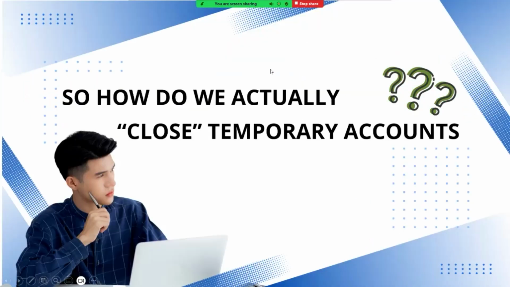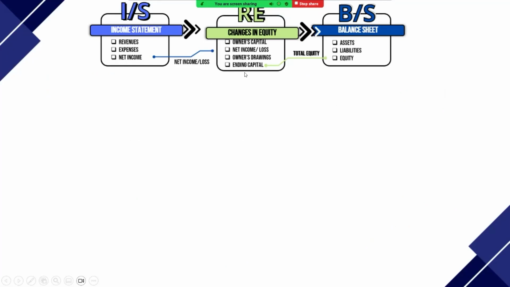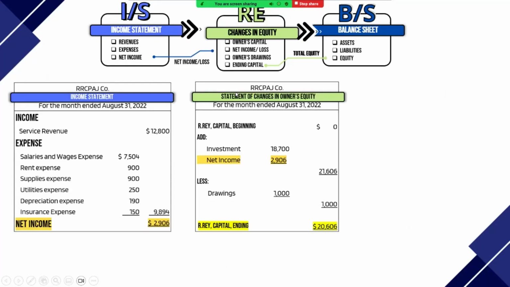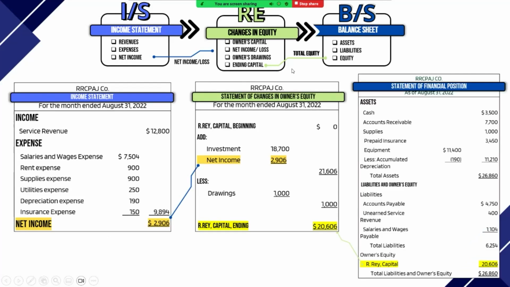So how do we close temporary accounts? This is a new exercise similar to what we discussed before, but this time this is the RR Sipaj company. Technically we've been closing everything to the financial statement. Your revenues, your expenses, you close it out, you get your net income. Your net income, you then bring to the changes in owner's equity so that we can get our ending capital.